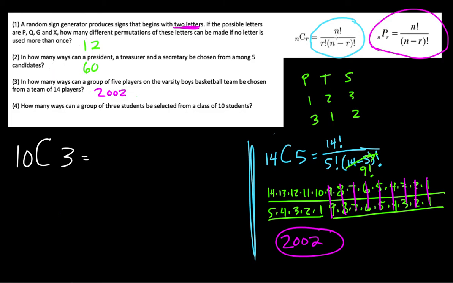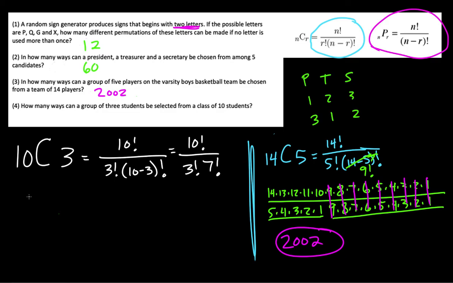So we're going to use that same formula as last time. We're going to get 10 factorial on top of 3 factorial, and then 10 minus 3 factorial. So that becomes 10 factorial over 3 factorial, and then this is 7 factorial.